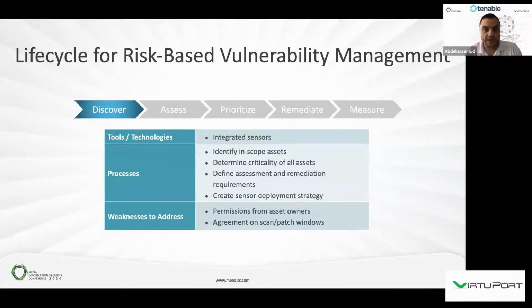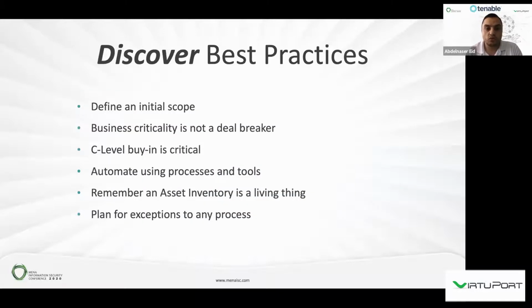If we pass this stage and we have discovered all the assets with all services, and then discovered the vulnerabilities on them, we need to go to the next step, which is the assessment. For this discovery, again, we have to define the scope and look exactly at which segments are more critical for us to start with.